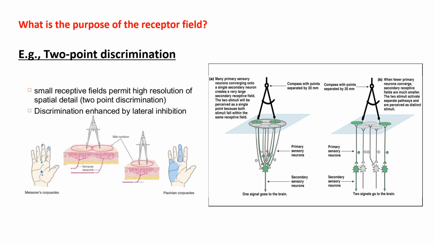But if you look on your right here, you have these receptors, and when you use the divider and you touch these 2 receptor fields, because they are separated and going to separate secondary sensory neurons, it will be sent to the brain as 2 signals. So when fewer primary neurons converge, secondary receptive fields are much smaller. The 2 stimuli activate separate pathways and are perceived as distinct stimuli.